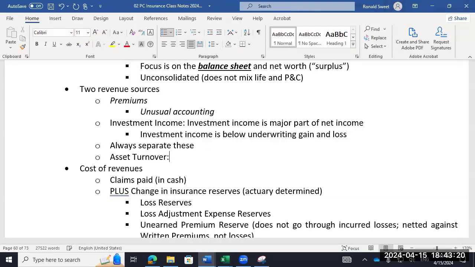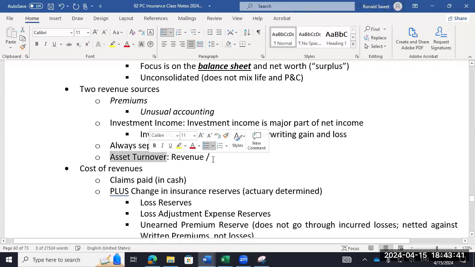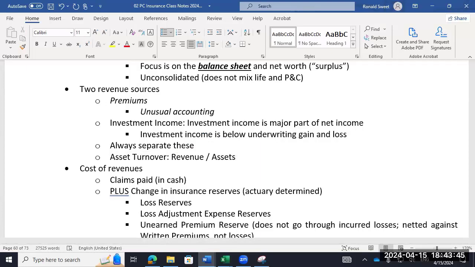What did y'all learn the formula for asset turnover is? Do you remember it? Anytime you see the word turnover, what's in your numerator? Revenue. What's your denominator? Whatever's in the title. Revenue to assets, right? There's no such thing as an asset turnover for banks and insurance companies.